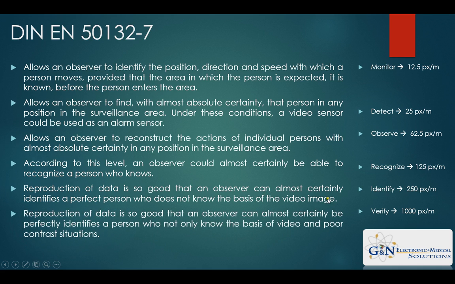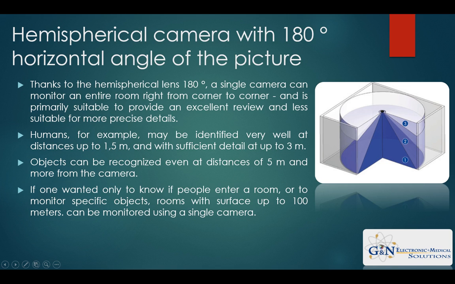And of course, the last one, which is the highest level, is the reproduction of data. It's so good that the observer can almost certainly identify perfectly a person, not only known to them on the basis of the video, but even when the image was taken in poor contrast or light conditions.